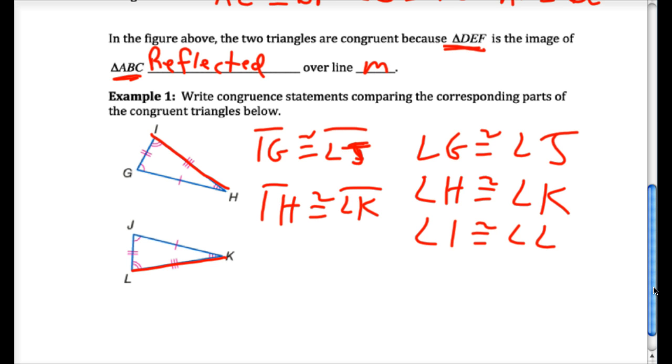All right, who's got the last one? Which one do we not have up there yet? Come on, we got to figure it out. Go ahead, Natalia. HG is not an angle. I mean line HG is congruent to line KL? I don't think so.